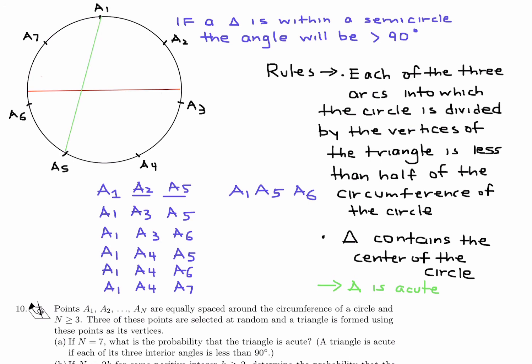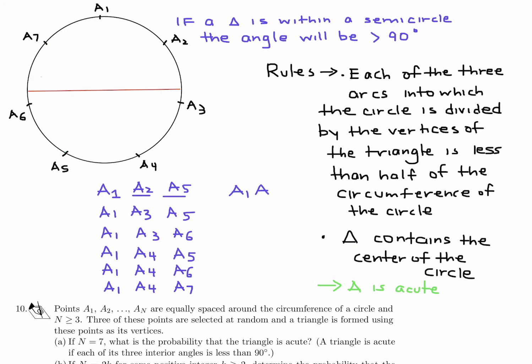Nope, that's no good. So that one's out. And then finally, A7. And I'm pretty sure this doesn't work. A1, A5, A7. Yeah, that doesn't work either. So remember, don't forget our rules. The rules are there for a reason.